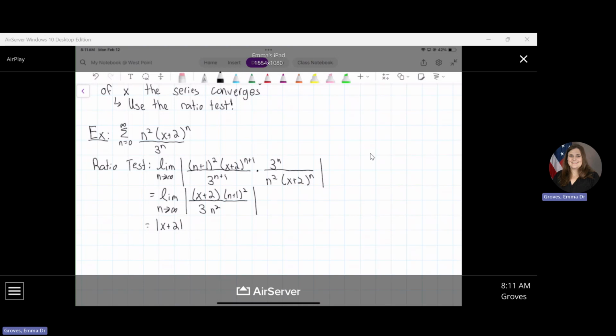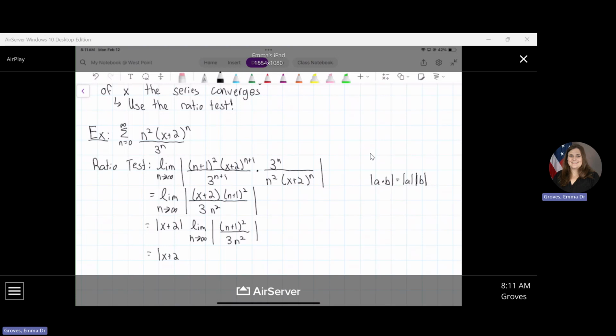The reason I am allowed to do this, as a little side note, is that the absolute value of a times b equals the absolute value of a times the absolute value of b. So I'm utilizing that property to pull out my x plus 2 as an absolute value. And then I still have the limit as n approaches infinity of the absolute value of (n plus 1) squared over 3n squared.